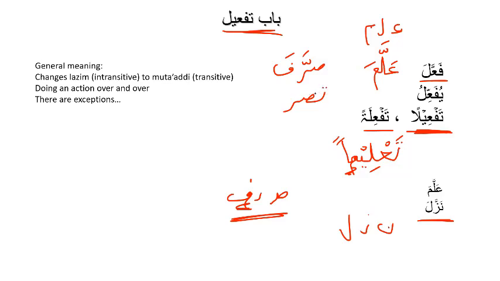So the madi is sarrafa. What would the mudare be? Yusarrifu. And what would the masdar be? Tasrifan. So tasrifan is the name of that action, the frequent twisting and changing, and that actually is often used for winds.